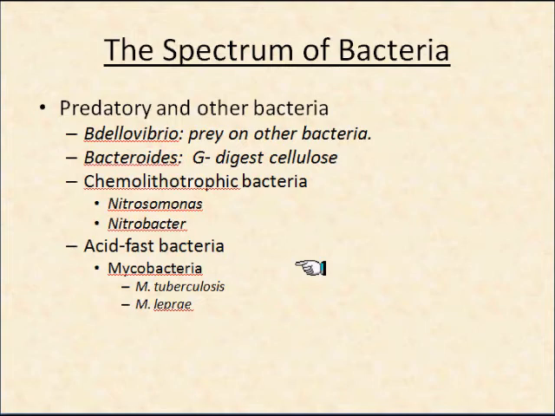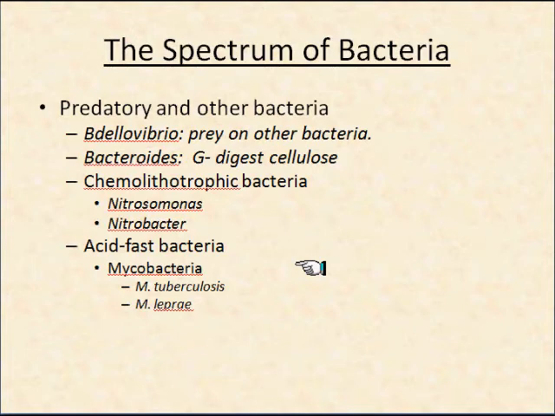There's Bacteroides, which is gram-negative, which lives in atmospheres that don't have any oxygen, but they assist in breaking down cellulose, and there are very few microorganisms that can do that. There are chemolithotrophic bacteria. These live off of, in this case, nitrogen, Nitrobacter. They put nitrogen back into the nitrogen cycle.